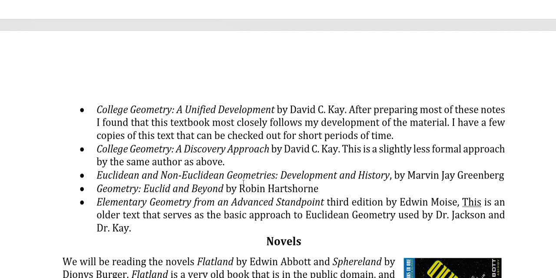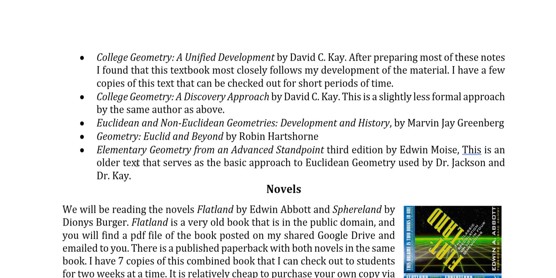Robin Hartshorne wrote Geometry: Euclid and Beyond, and Elementary Geometry from an Advanced Standpoint by Edwin Moise is an older text, but it serves as a basic approach to Euclidean geometry that I used and Dr. Kay used to write our books.